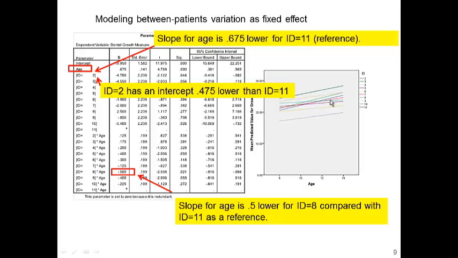So the slope of this dark blue is 0.125 more than the slope for this black line, which is the slope for ID number 11. Okay, so by doing that, we can actually model different slopes and different intercepts for each patient, and that's actually modeling difference between patients, patient individuality, or between-patient difference. I use these three words interchangeably.